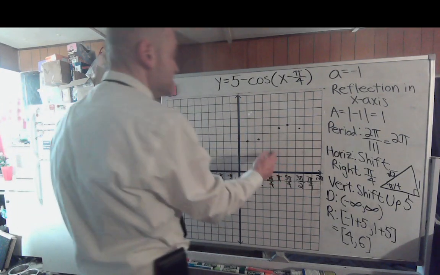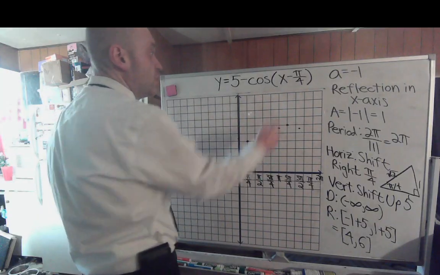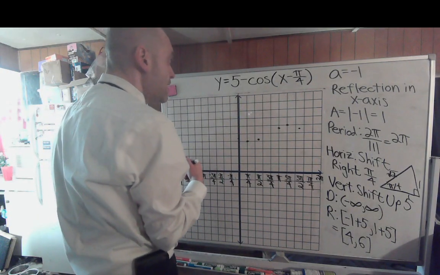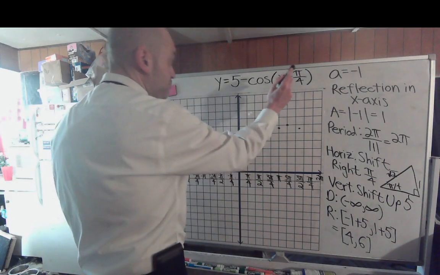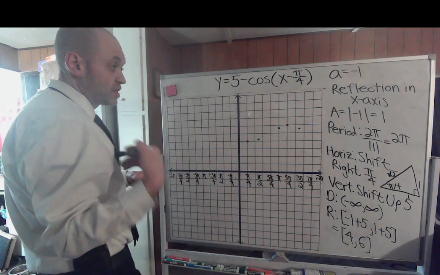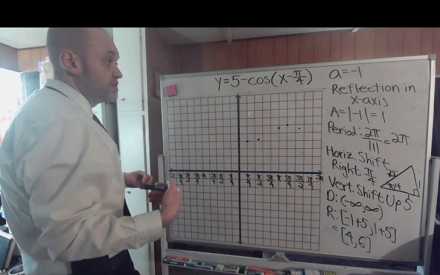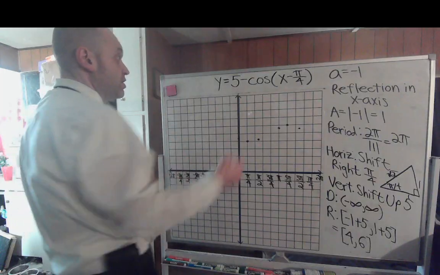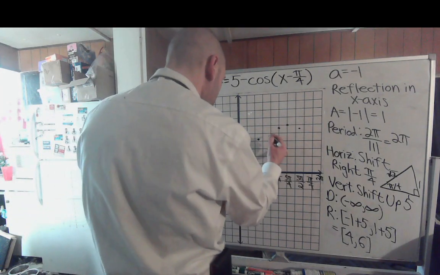What's the cosine of, let's see, 3 pi over 4, so that'd be like the cosine of 2 pi over 4, which is the cosine of pi over 2. That's 0, and then you have a 5.